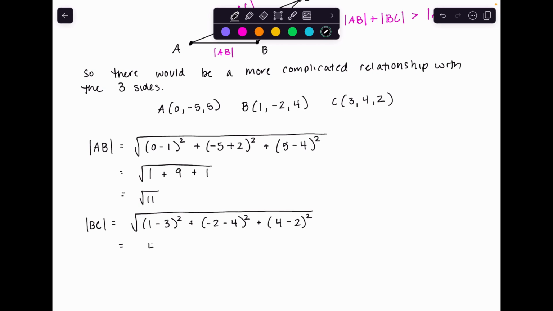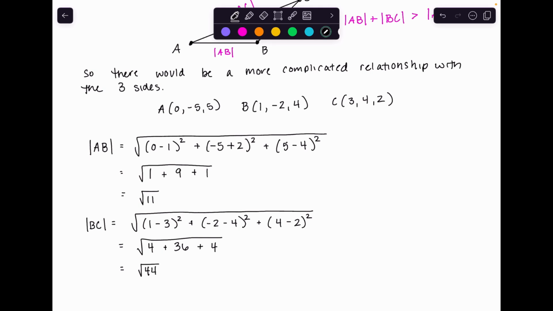When you square it, it's positive 4. Negative 2 minus 4 is negative 6. Square it is 36. 4 minus 2 is 2, and squared is 4. So when we add those together, 4 plus 36 is 40. Add another 4, this is root 44.